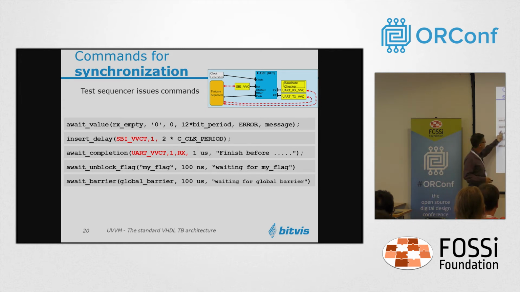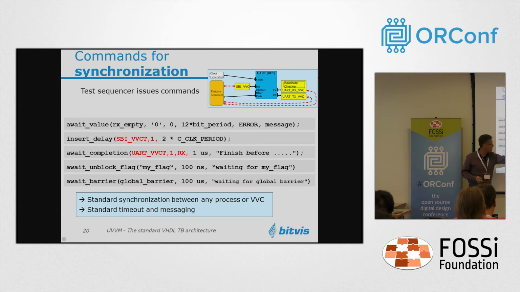But it's much better to use this kind of synchronization system, because that means you have one single sequencer. But this provides for the fact that some users sometimes want to have multiple sequencers. Again, standard synchronization between any process or verification component, and standard timeout and messaging.